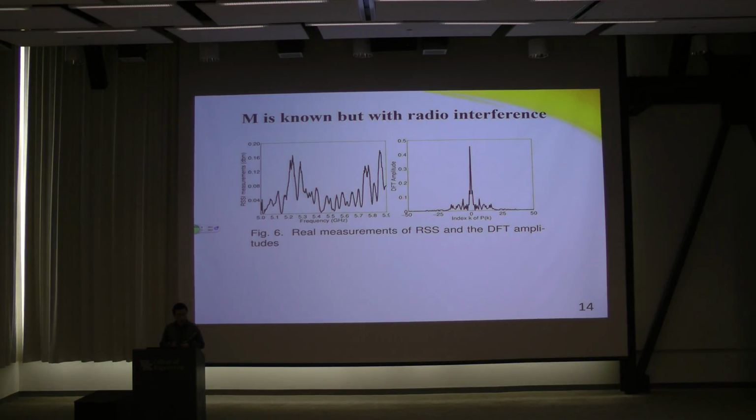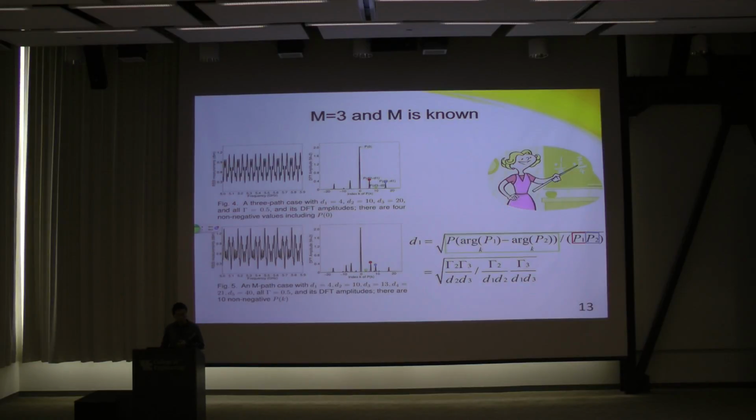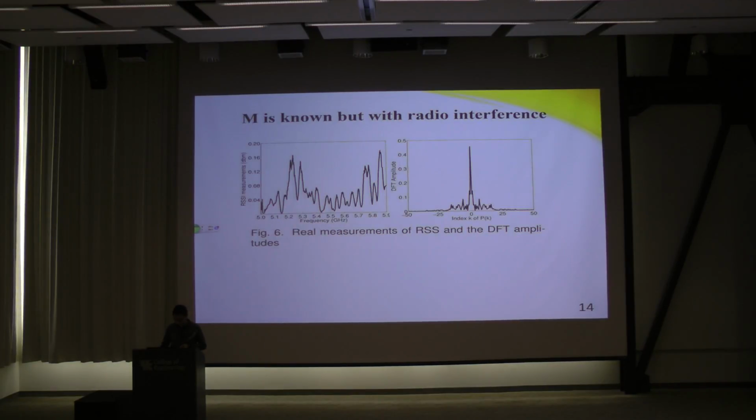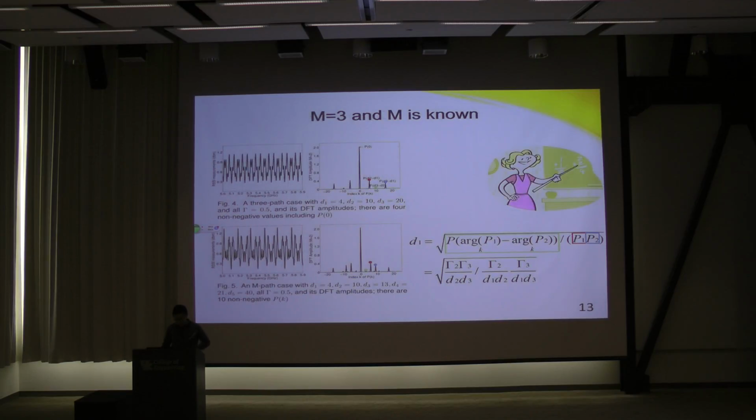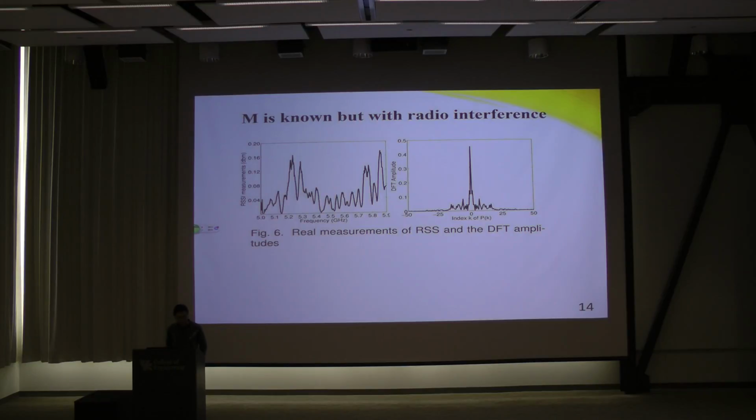We cannot find P1 and P2 very clearly like the figure before, and some indices are very small in the right figure. If we use it, we cannot get a very accurate result.